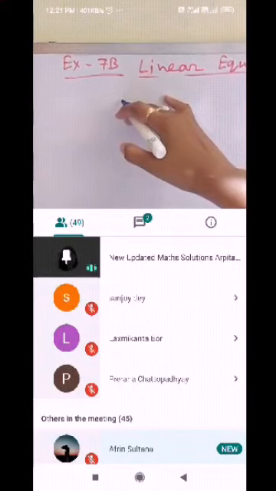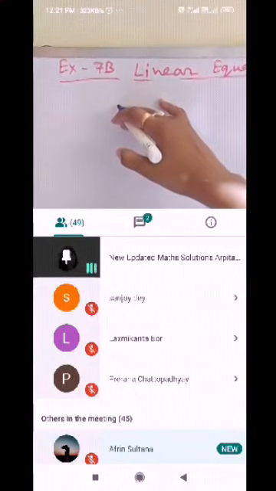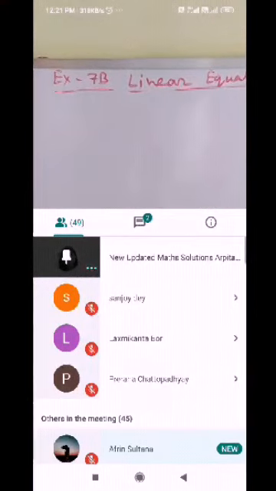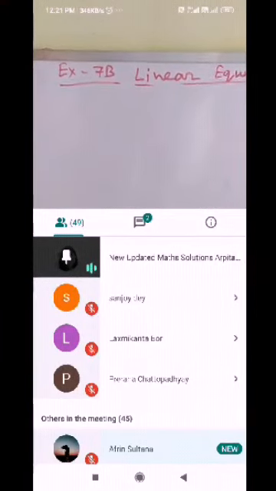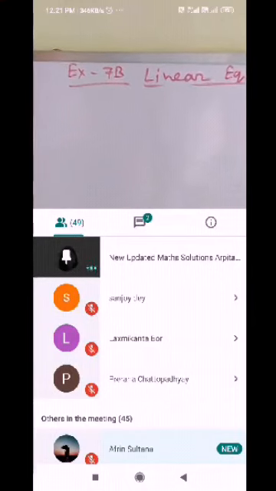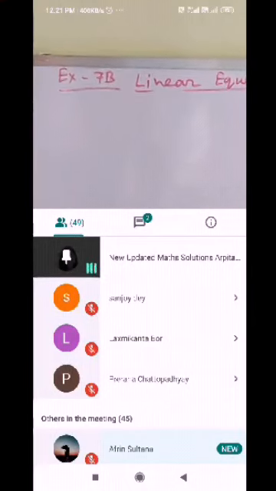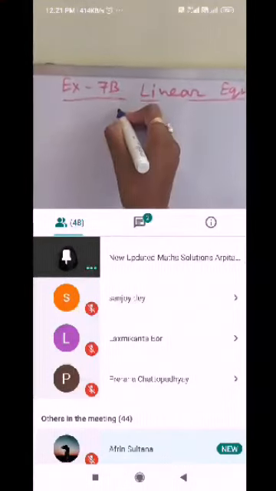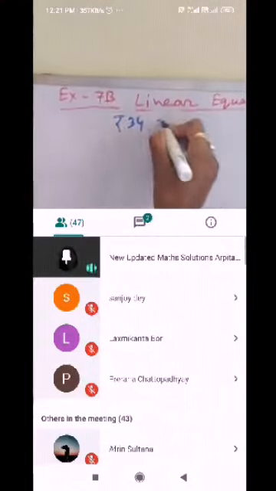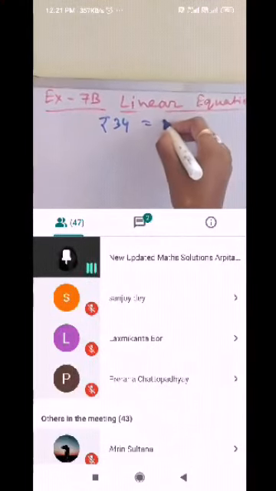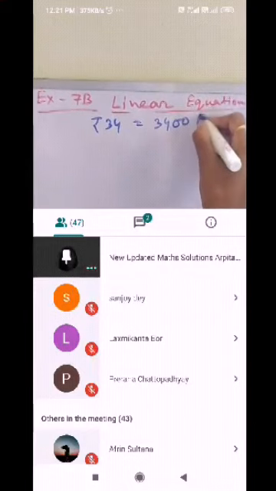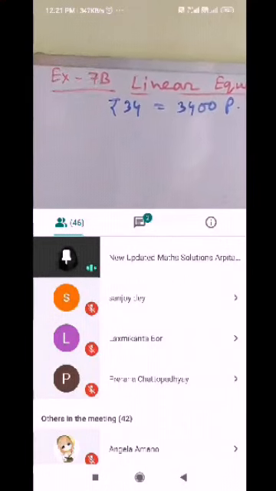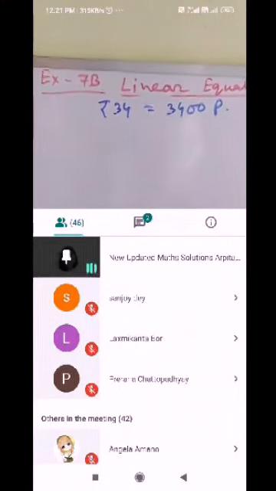Sumitra has rupees 34 in 50 paisa coins and 25 paisa coins. If the number of 25 paisa coins is twice the number of 50 paisa coins, how many coins of each kind does she have? Okay, so total rupees 34. That means it should be converted into paisa. In 34 rupees there are 50 paisa and 25 paisa coins.